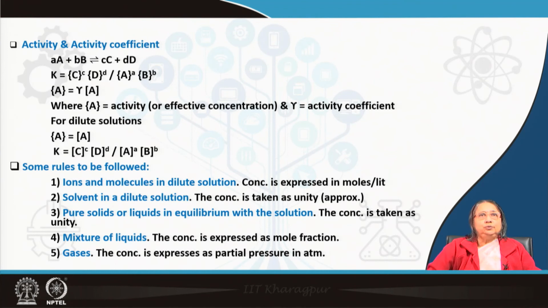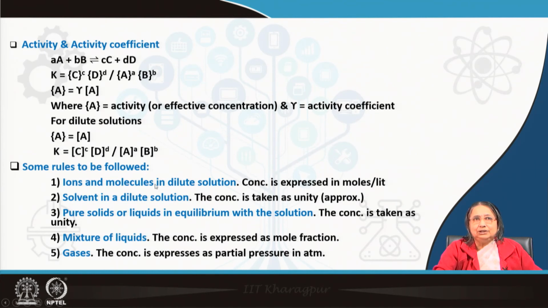Now, some rules to be followed when you think about the equilibrium expression. What are the rules? In case of ions and molecules in dilute solution, concentration is expressed in moles per liter.